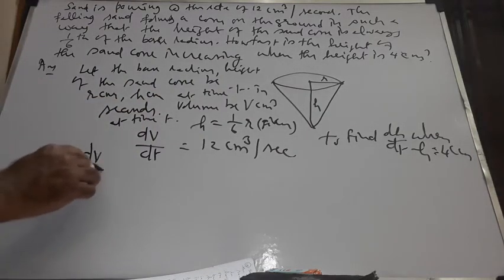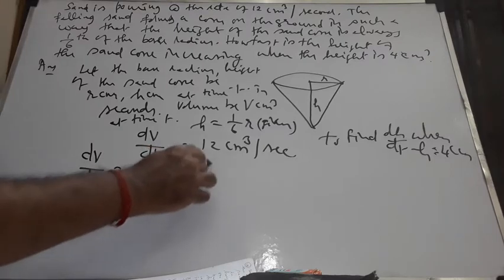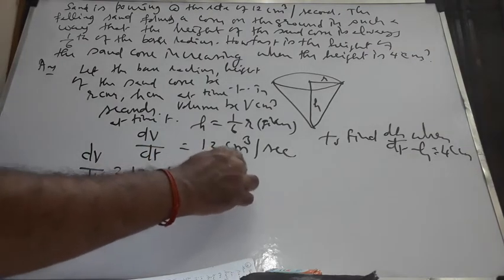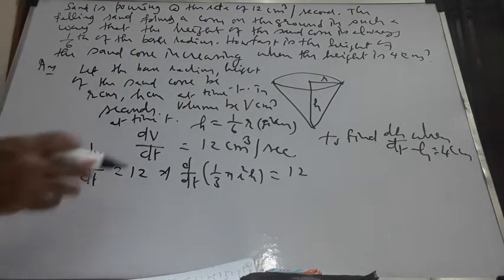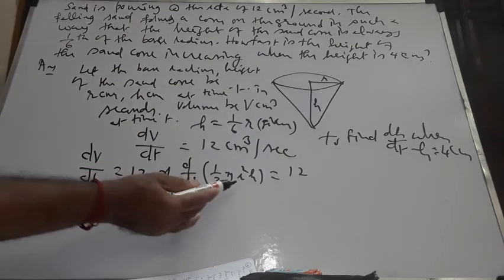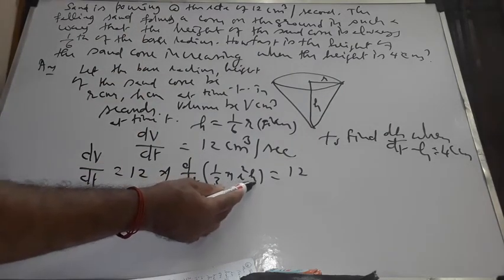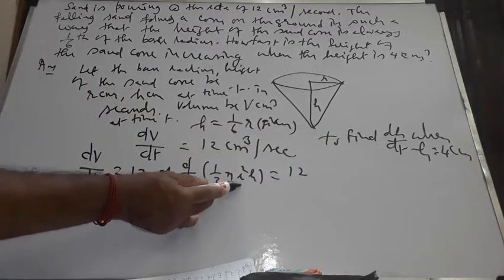Listen carefully. If you need dr by dt, I'll bring h in terms of r. If you need dh by dt, I'll bring r in terms of h.